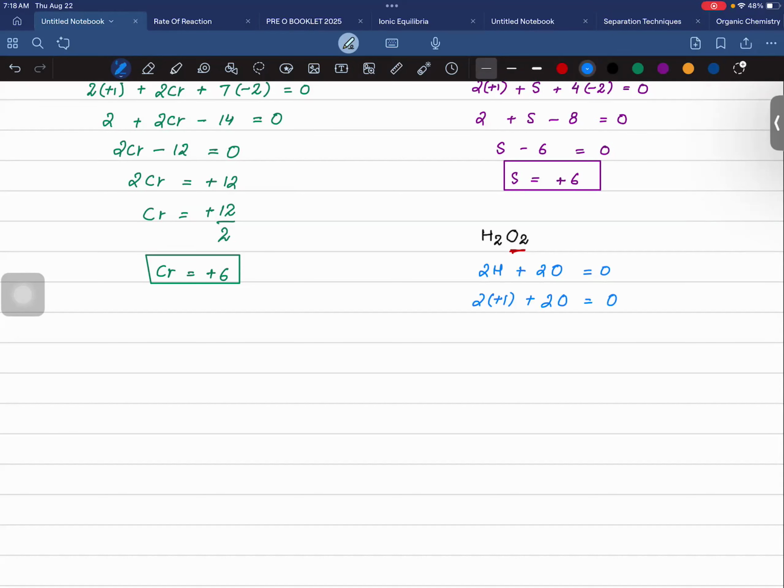So 2 ones are 2, then 2 oxygens equal to 0. Then I need to find out the oxygen, so I need to shift +2 over there. That would be -2. Oxygen is the subject, so I need to divide by 2. So this should give me -1. This is not +1, this is -1.